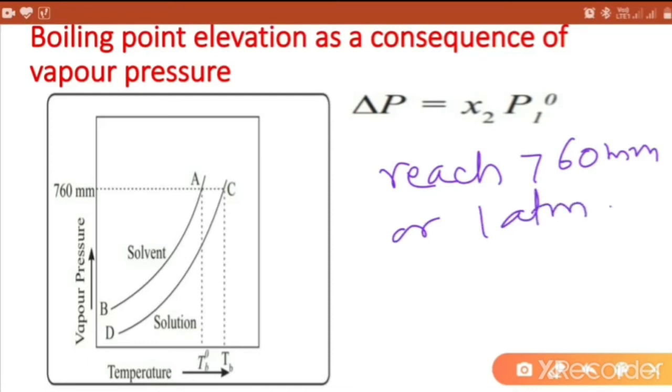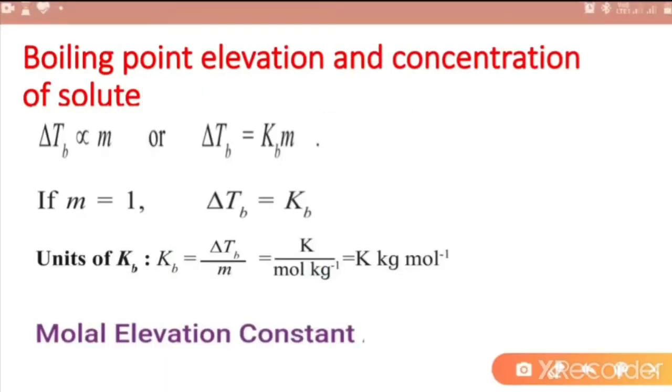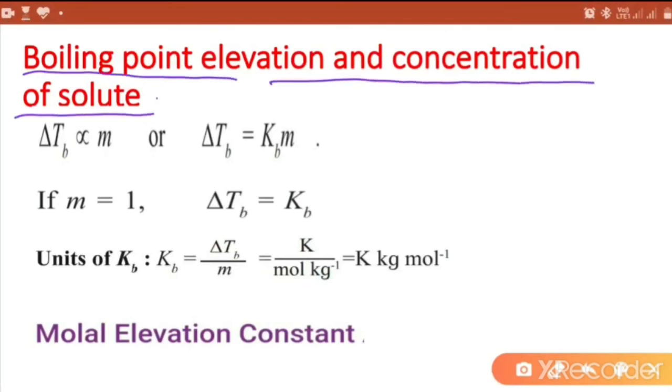Hence, boiling point is elevated to TB for solution containing nonvolatile solute. And now the molar mass, boiling point elevation and concentration of solute.